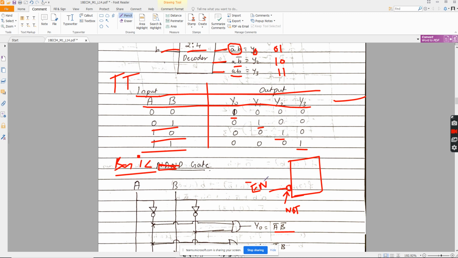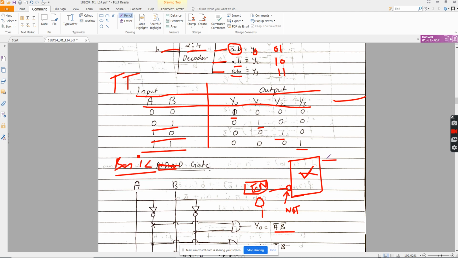So this input is very crucial in any digital circuit. Now, what should be the input given to make this IC enabled? The input given should be 0, because if I feed 0 here, it will be complemented. 0 complement is 1, so the IC is enabled. If I feed 1 here, then 1 complement will be 0, and the IC will be disabled. So enable will be an active low input here.